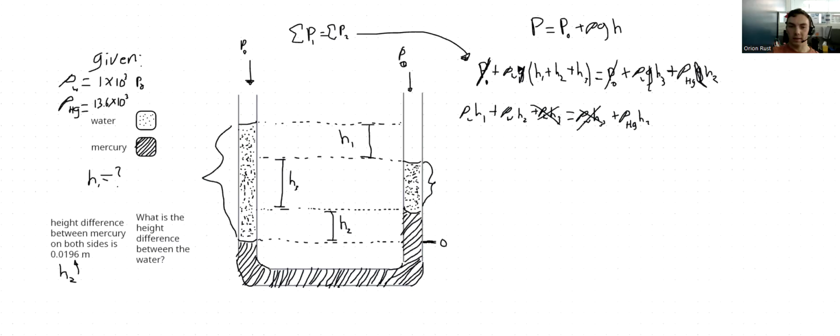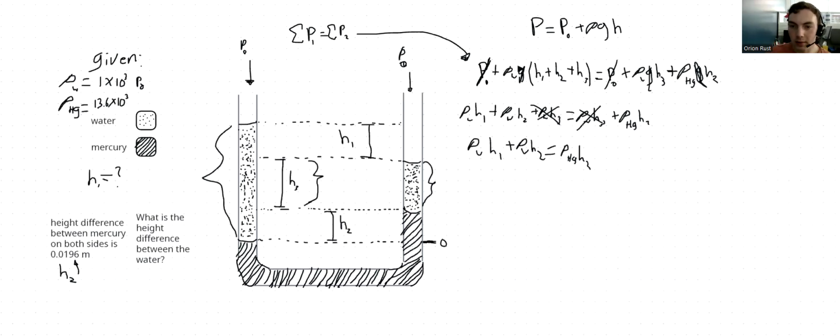That tells us we don't need to include this segment from H3 in our equation. It doesn't really matter what H3 is, if it's 3 meters longer or infinitely shorter, which is pretty cool. So we're left with this equation: the density of water H1 plus the density of water H2 equals the density of mercury times H2.